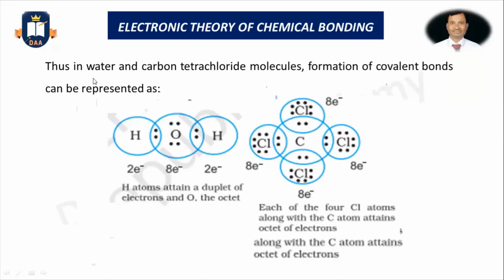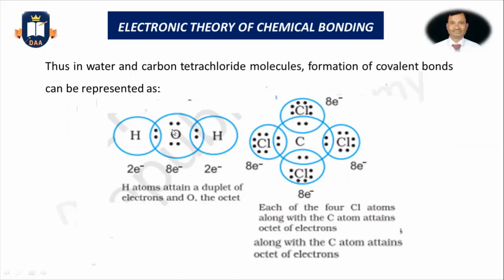Examples are the formation of the water molecule from 2 hydrogen atoms and 1 oxygen atom, and carbon tetrachloride, which consists of 1 carbon atom and 4 chlorine atoms. First, let's discuss the H2O molecule formation.